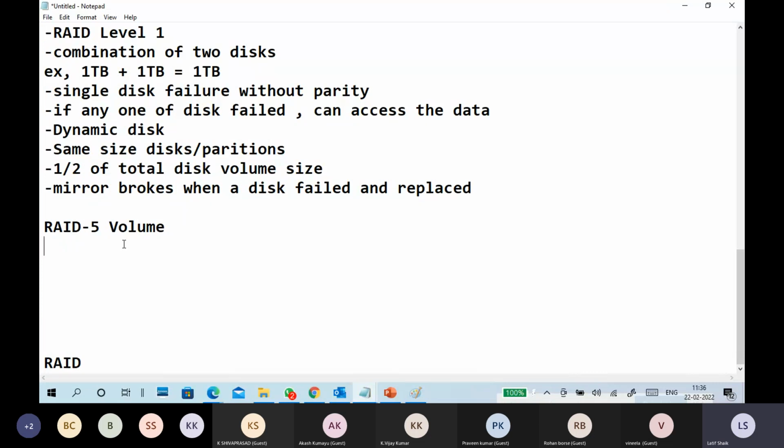Next one is RAID 5 volume, which doesn't have any name; the RAID level is 5. When it comes to the levels, 0 is there, 1 is there, next is 2, 3, 4, then 5, 6, 7, 8, 9, 10.